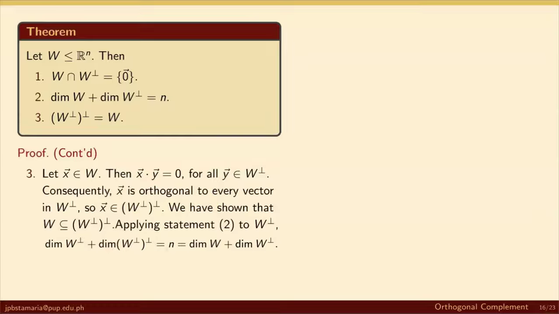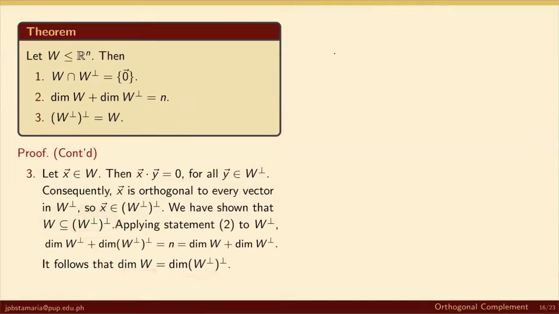Which, by the way, is the same as applying statement 2 again to W. It means the dimension of W plus the dimension of W perp has to be n. So we now have these equations. We can cancel this on both sides. You're left with the conclusion that W and the double perp space have the same dimensions. Because W is contained in the double perp of W, and they have the same dimensions, what do we know about this?